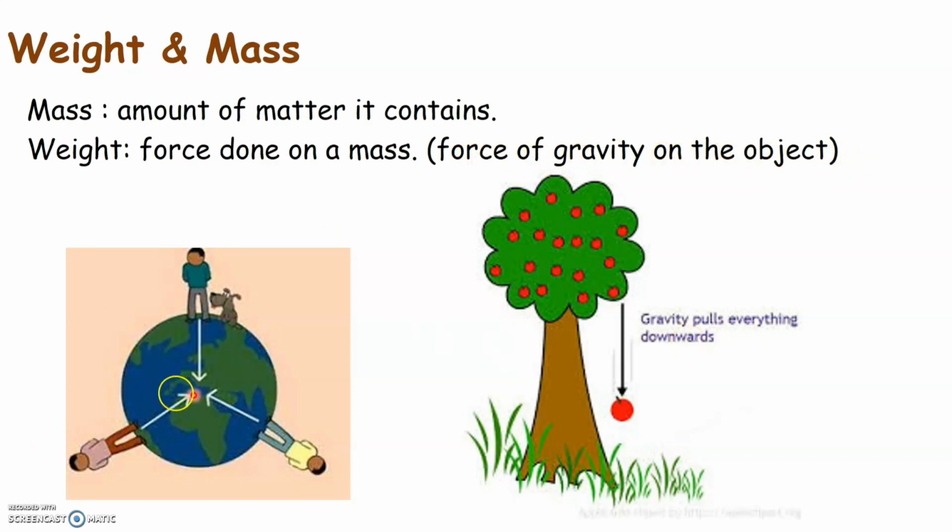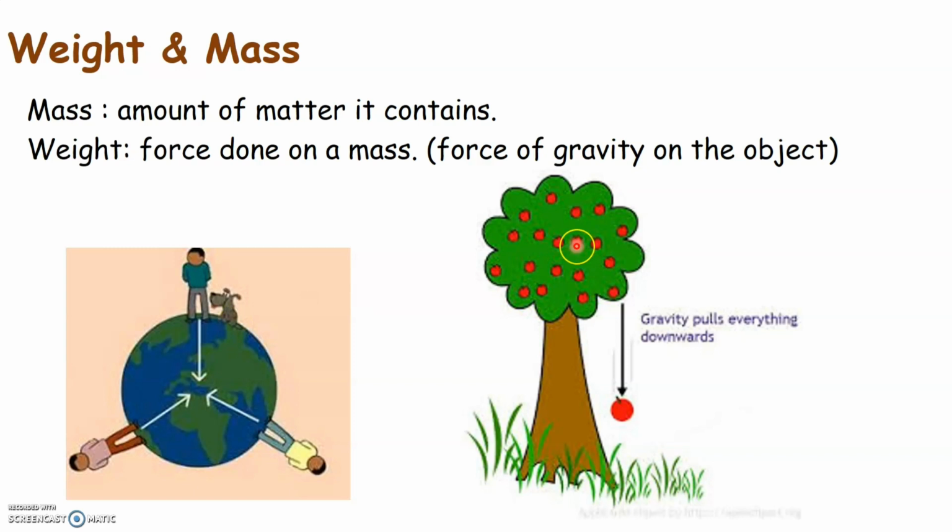As you see here in these pictures, there is always a force on the earth that pulls all the things towards itself. As you see here in this picture, that is why we are able to stand on the surface of the earth. So it is because of this force that pulls us towards itself, that is why we are able to stand on earth.